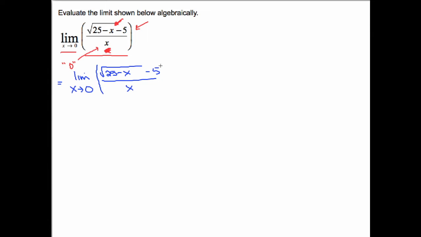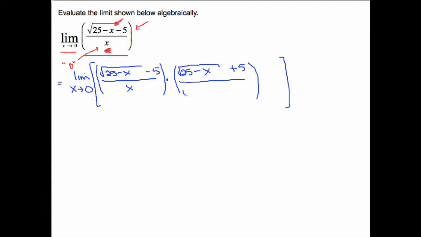I'm going to multiply this by the conjugate of the numerator on both the numerator and denominator, and I'll take the limit of the whole result. So I'll multiply the numerator and denominator by the square root of 25 minus x plus 5.